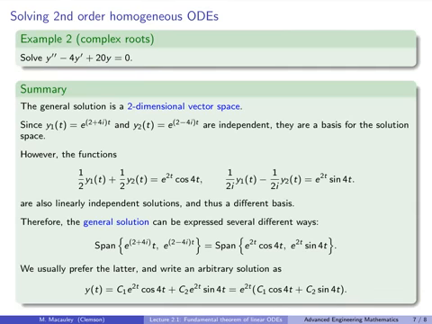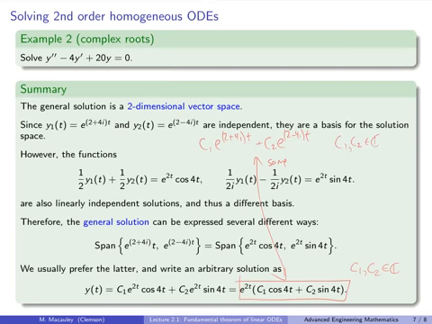And once again, this as a set of functions, if we're looking at all c1 and c2 that are complex numbers, here we have to use complex numbers because we've been having i's in these functions, is the same as a set as c1 e to the (2+4i)t plus c2 e to the (2-4i)t, if we're looking at all c1 and c2 in the complex numbers.